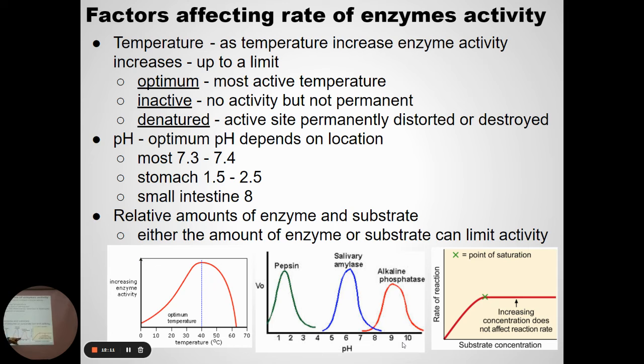Salivary amylase in our saliva works best at a neutral pH, around 6 or 7. Alkaline phosphatase, which is in our small intestine, works best at a higher pH. And so if the pH changes too much one way or the other, again, the enzyme's not going to work as well.